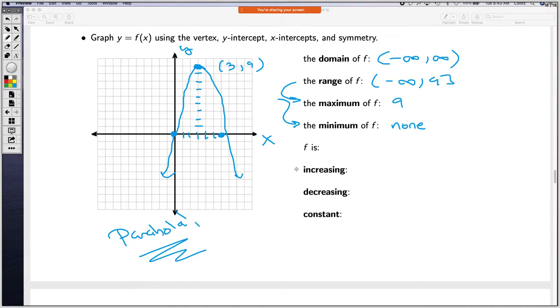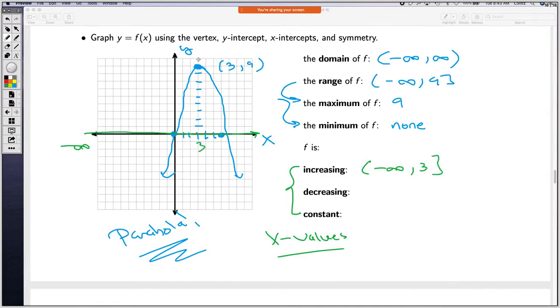Remember, for increasing, decreasing, and constant, we're looking for what? We're looking for x values. Coming in from minus infinity, the parabola is rising. We're heading uphill. That means we're increasing from minus infinity to 3.